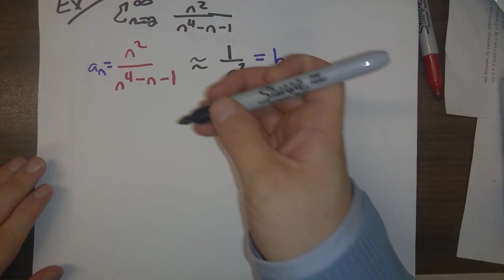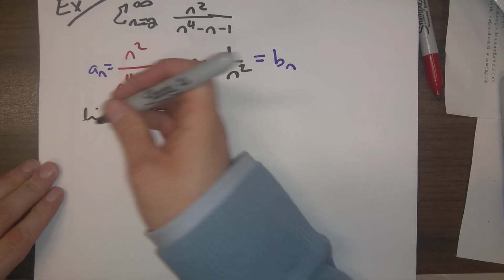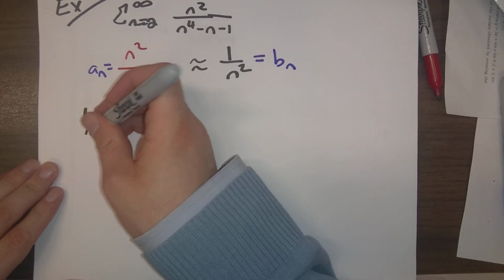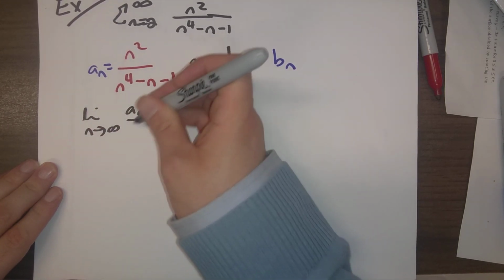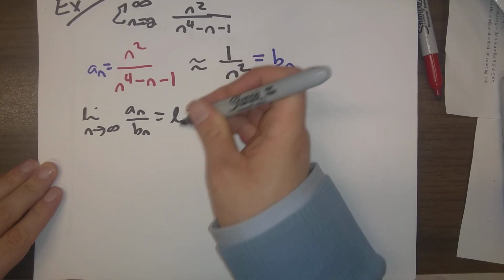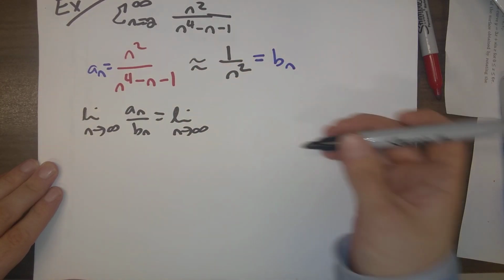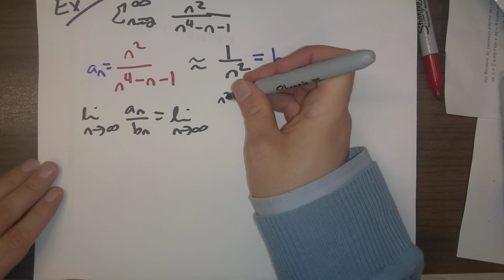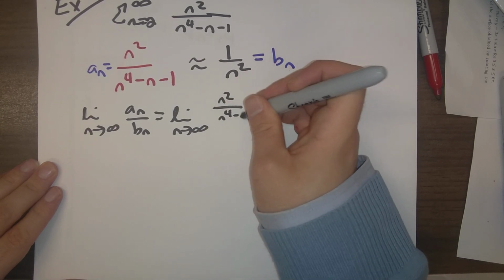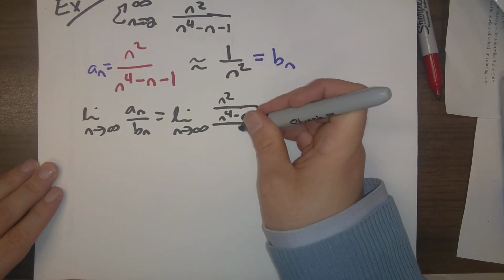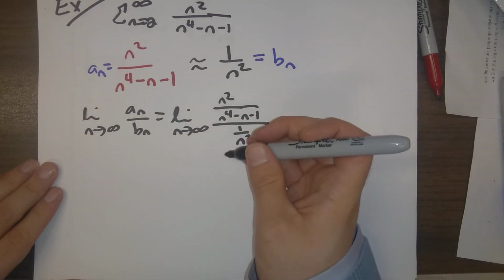And so we figure out the limit as n goes to infinity of a_n over b_n. So the limit as n goes to infinity of n squared over n to the 4th minus n minus 1, all over 1 over n squared.